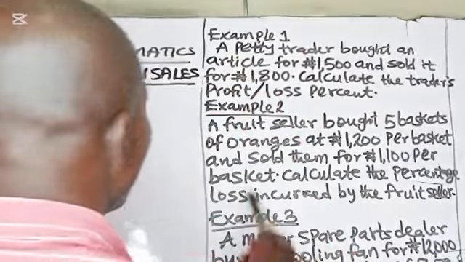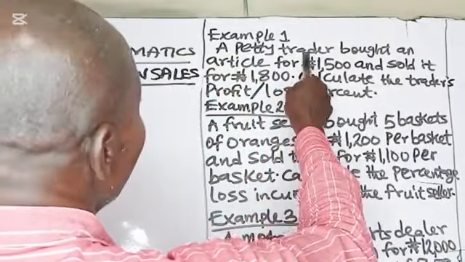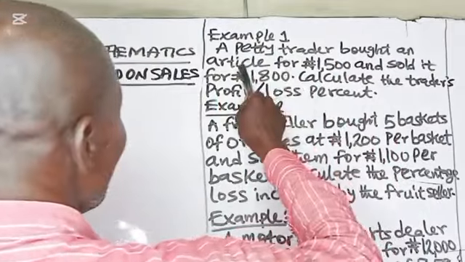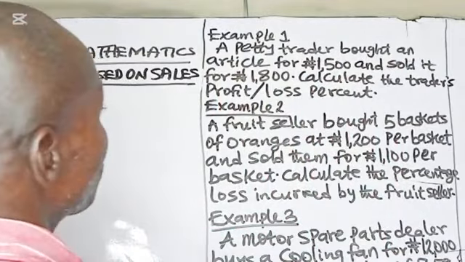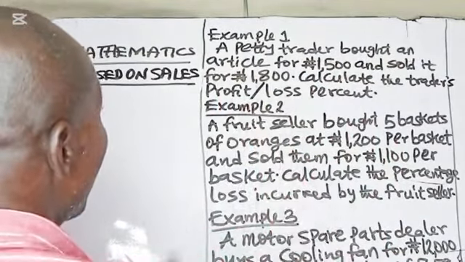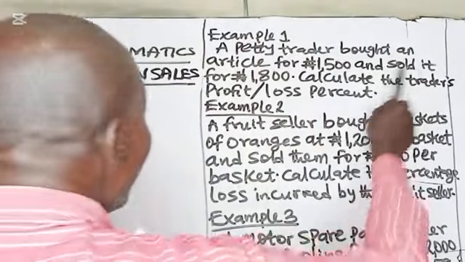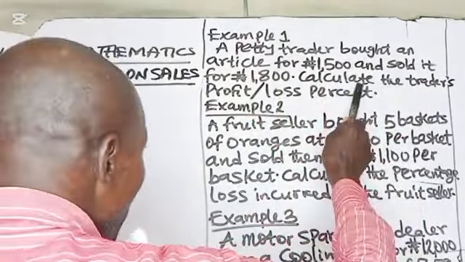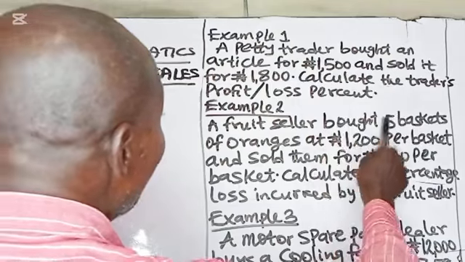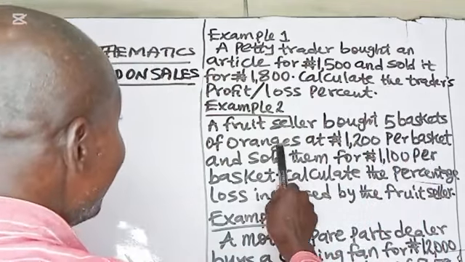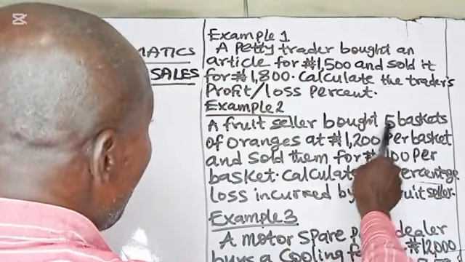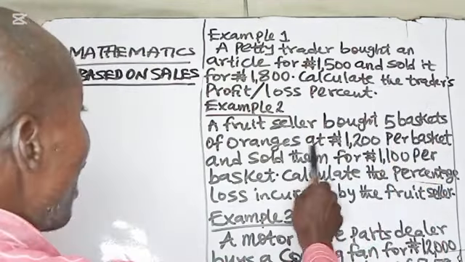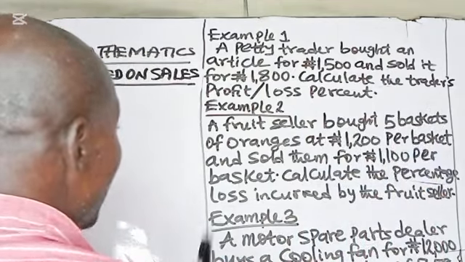Example 1. A petty trader bought an article for 1,500 naira and sold it for 1,800 naira. Calculate the trader's profit or loss percent. Example 2. A fruit seller bought 5 baskets of oranges at 1,200 naira per basket and sold them for 1,100 naira per basket.